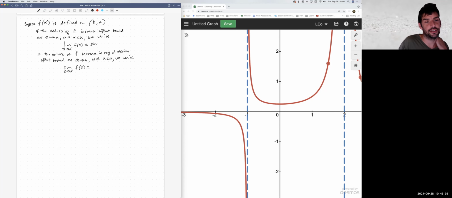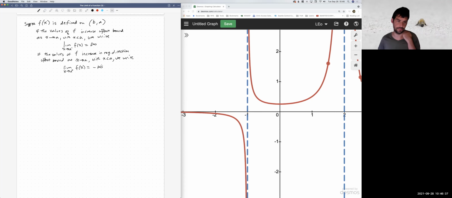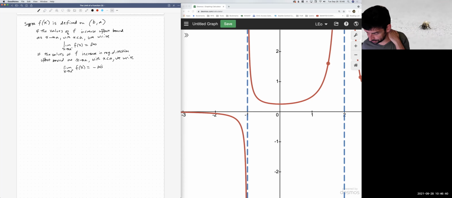This one's just infinity. Now we're at negative infinity. Okay, so there's our first two kinds of limits.